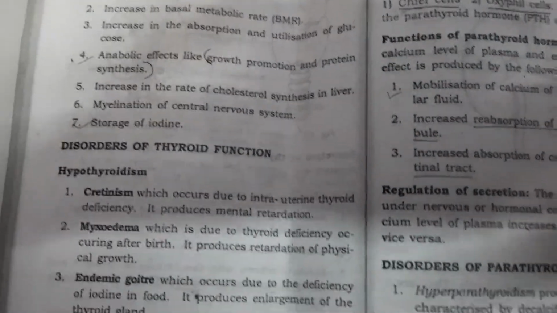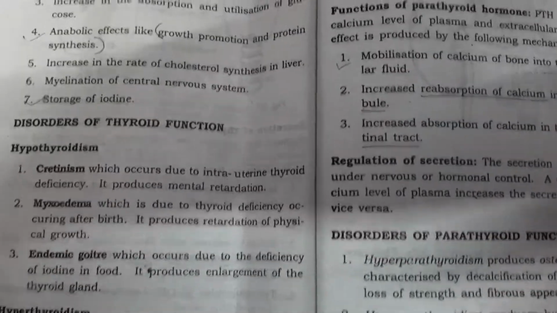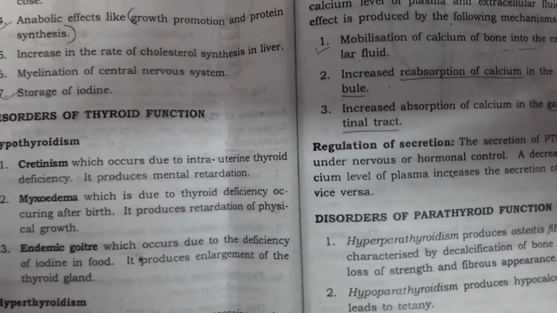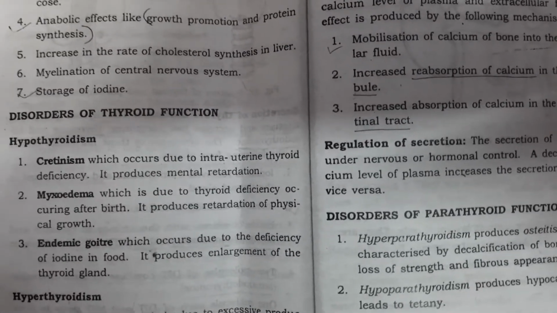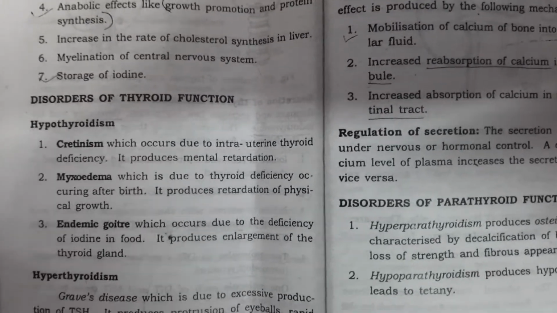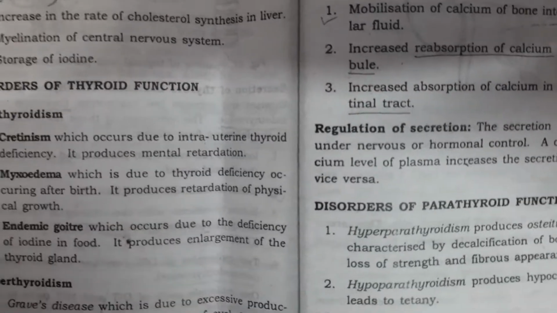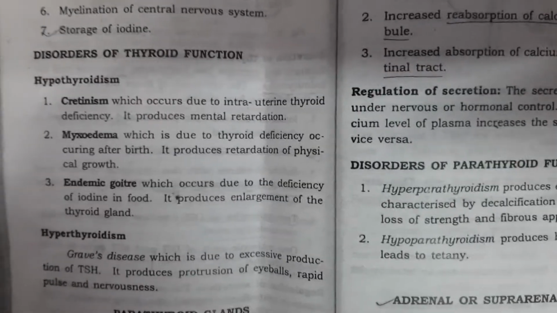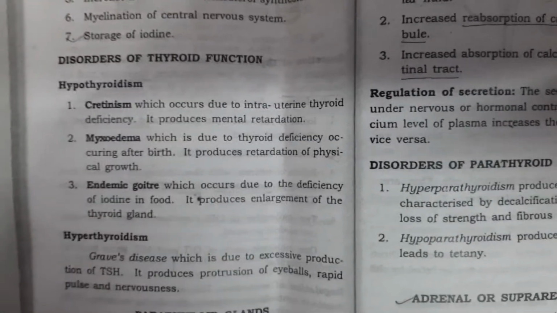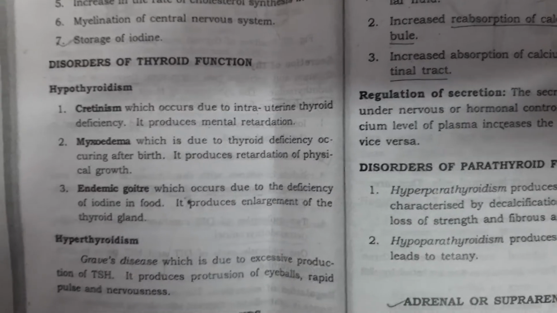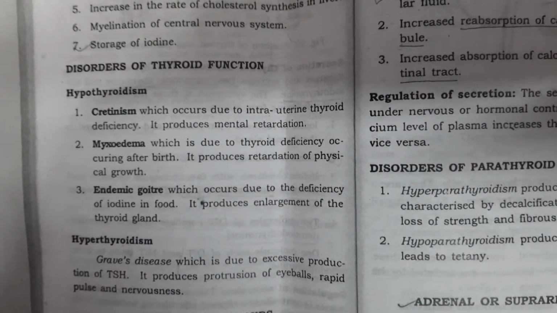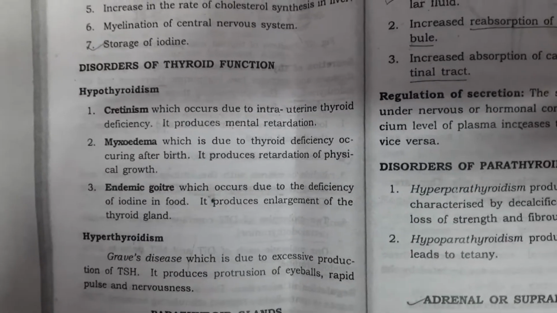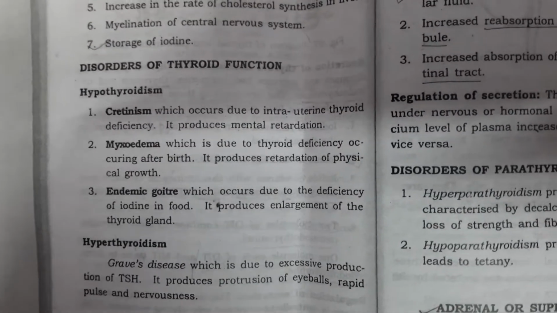What are the disorders of the parathyroid gland? Hyperparathyroidism produces osteitis fibrosa. It is not necessary to remember this, but you can read it, because mainly questions will come from the thyroid gland and the pituitary gland, so what are the disorders of the thyroid gland and the disorders of the pituitary gland.